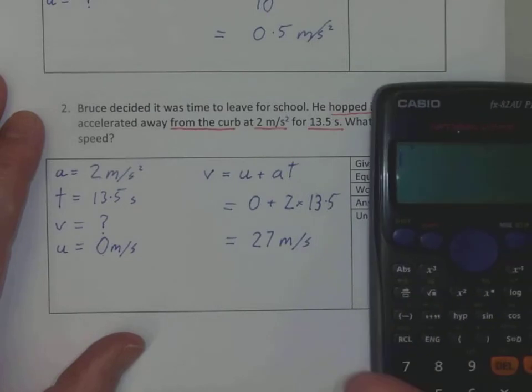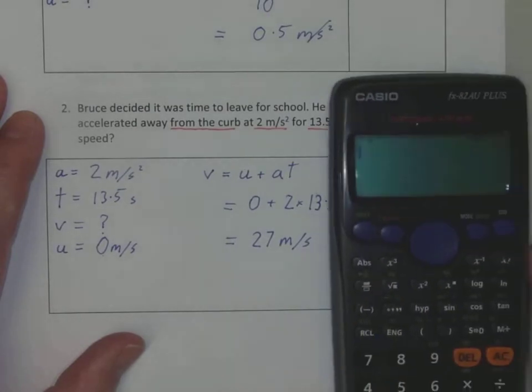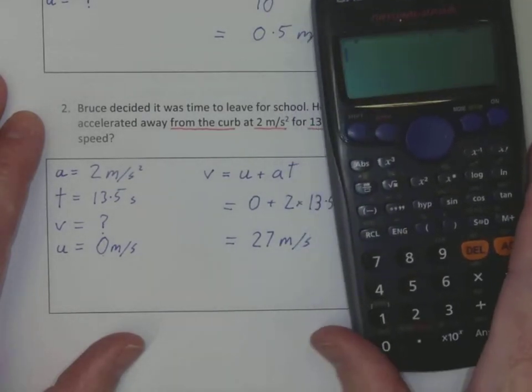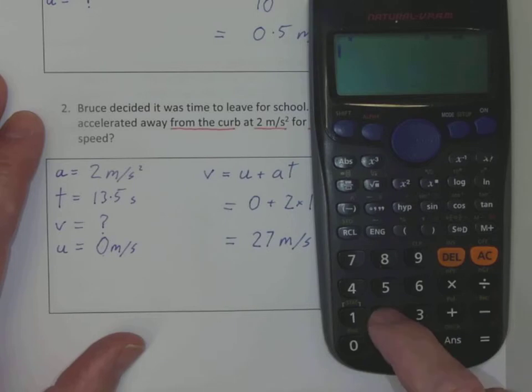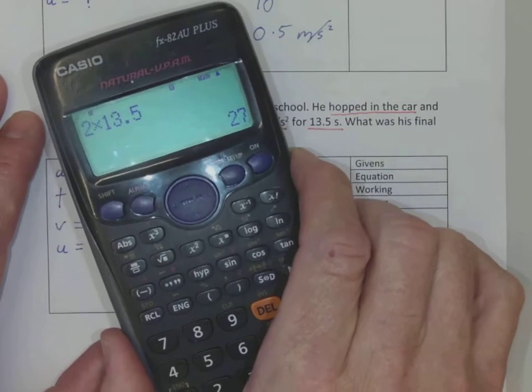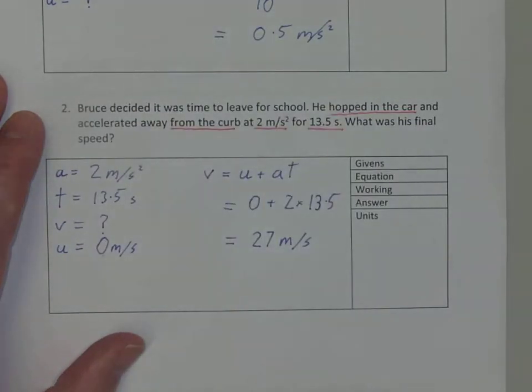Okay, just to check my mental math, 2 times 13.5, 27. It's always good to check your mental math.